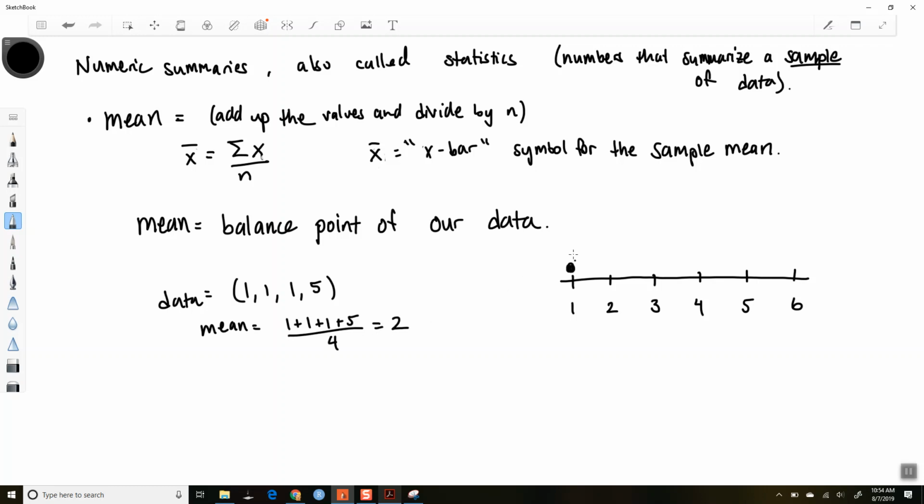And so if I have 3 bricks here and a brick over there, this would be the balance point. Balance is if the fulcrum is at 2, at the mean.